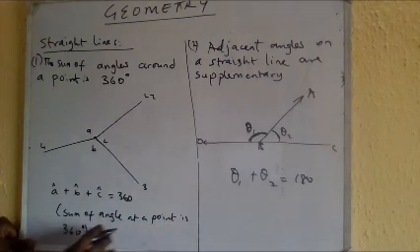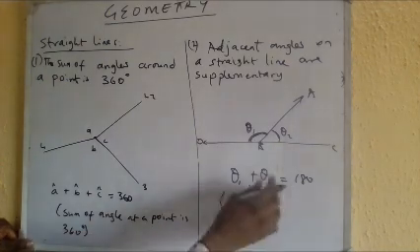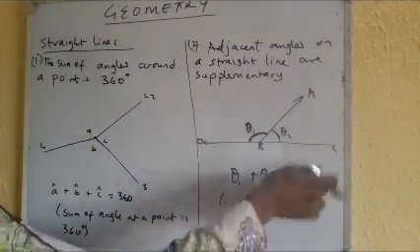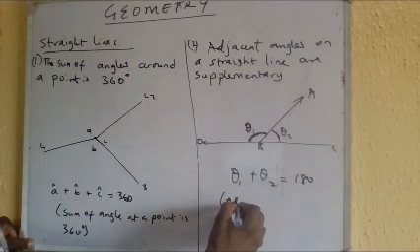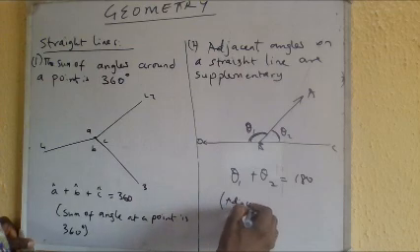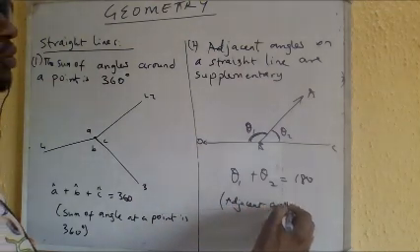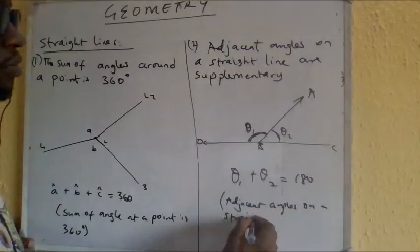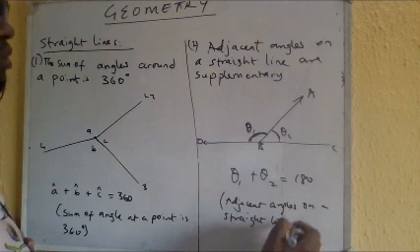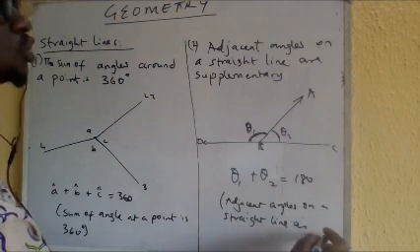This one is the theorem. And this one says that θ1 plus θ2 is equal to 180 because the adjacent angles on a straight line are supplementary.